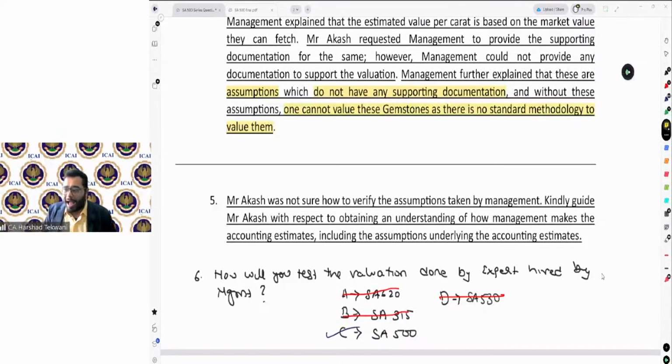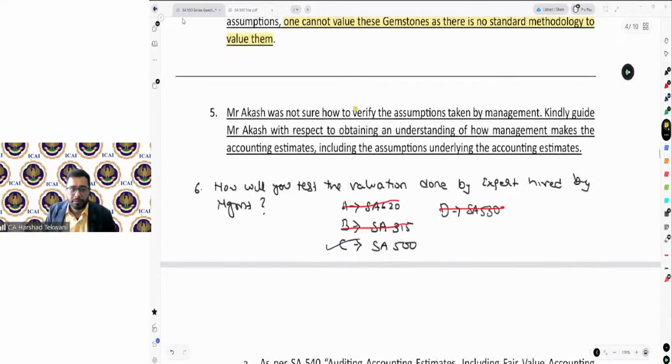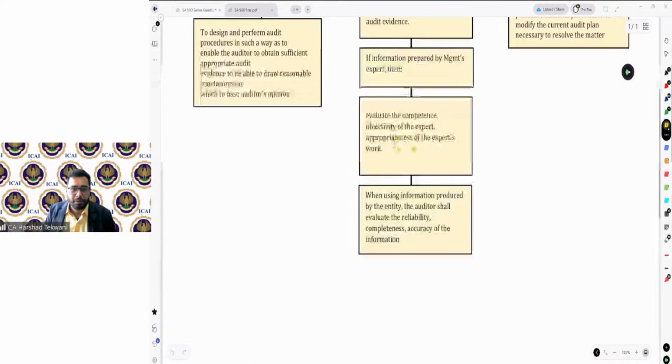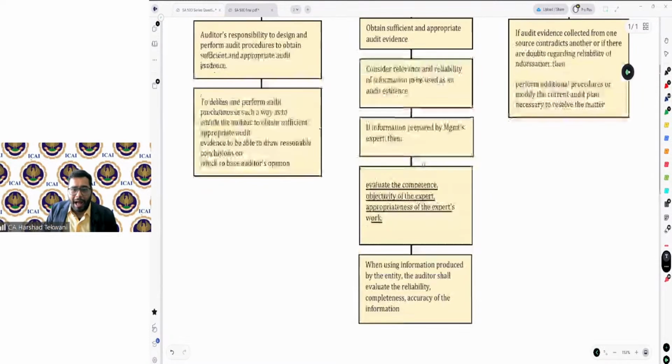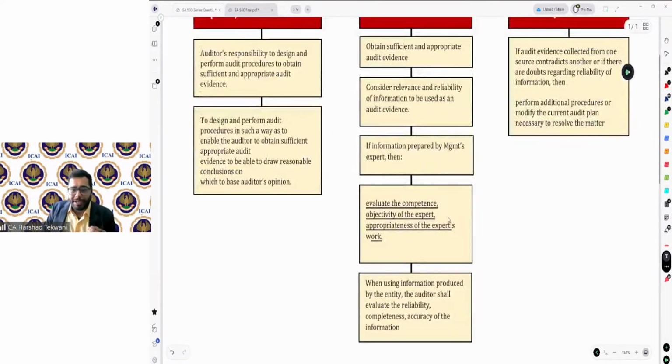Number one, I will evaluate the competence, capability and objectivity of the expert.